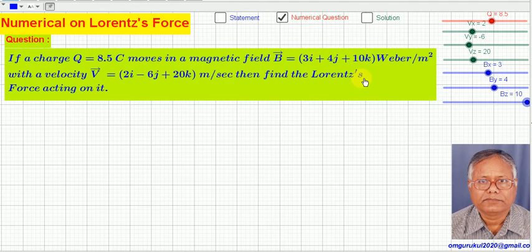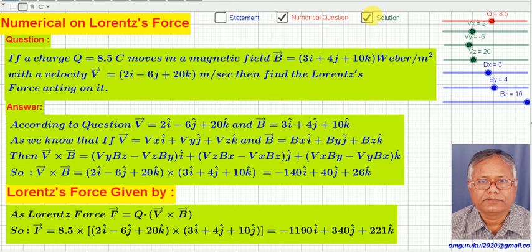So what we have to do and how can we do it? I am showing the solution here. According to the question, v is 2i minus 6j plus 20k and vector B is 3i plus 4j plus 10k. As you know, vector v is vx i plus vy j plus vz k, and vector B is bx i plus by j plus bz k.